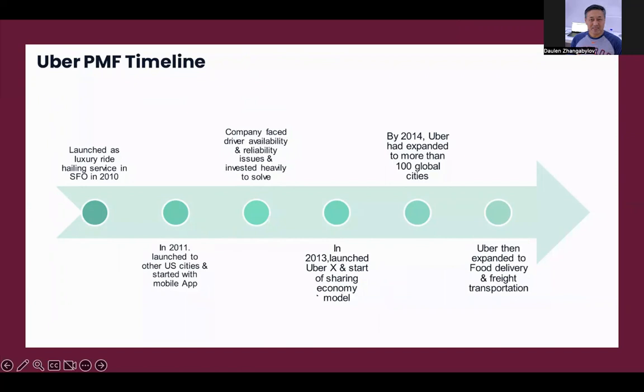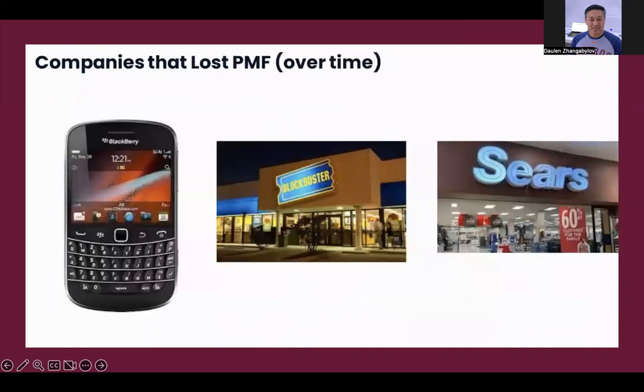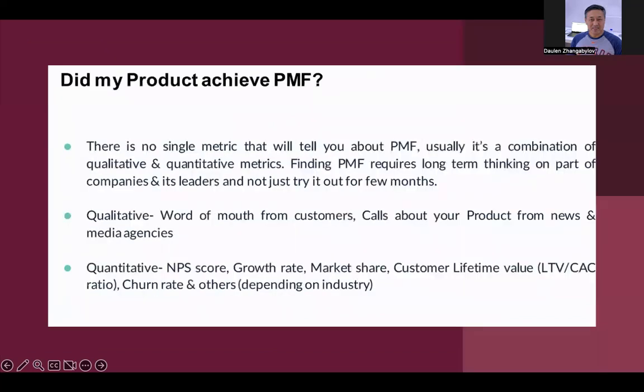They changed their target audience from luxury to economy, and then they had a great product market fit. Even after that, they keep updating their product. What they do now is food delivery and freight transportation, but I'm sure they work on a lot of other features. That's why they're trying to stay on product market fit. And that was my last example, last statement.